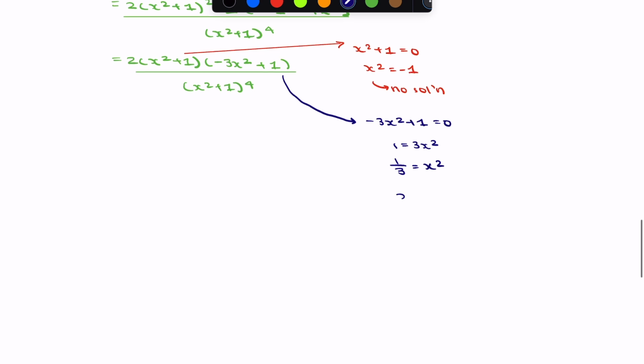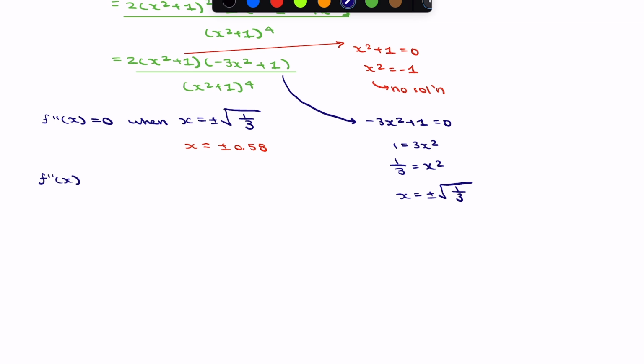And so here, x will be equal to plus or minus square root 1 over 3. So here we see that the second derivative, or f double prime of x, is equal to 0 when x is equal to plus or minus square root 1 over 3, or again, approximately plus or minus 0.58. And that'll help us when we're finding values here. And here we see that f double prime of x is never undefined.